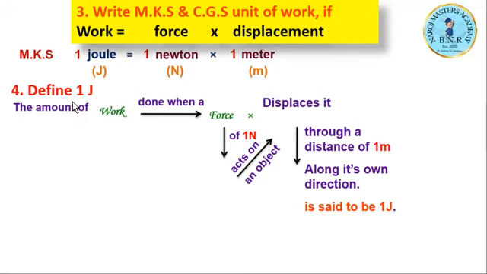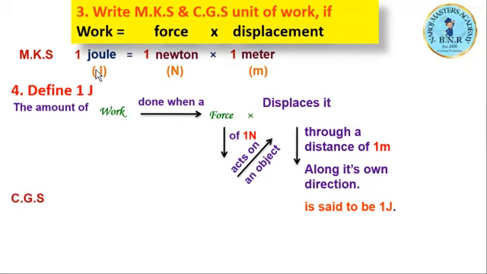Very simple. The amount of work done when a force of 1 Newton acts on an object to displace it through a distance of 1 meter along its own direction is called 1 joule.